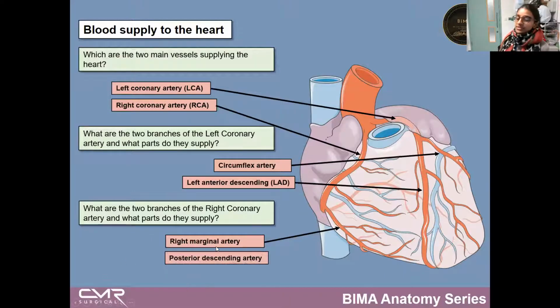But also we have the posterior descending artery. And now if you can see round the back here, it comes and supplies the posterior aspects of the right side of the heart. And then, as Safia's very correctly said, the right coronary artery is what supplies the AV node and the sinoatrial node.